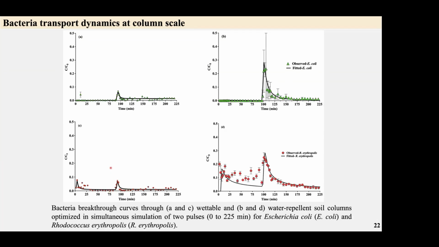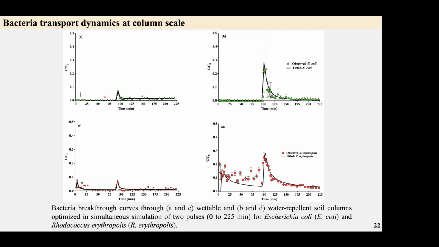We also modeled bacteria for each soil. Here on the left side, we have transport of bacteria modeled for wettable soil, and on the right side, transport of bacteria through water-repellent soil. The green symbol shows E. coli, and the red symbol shows Rhodococcus erythropolis.